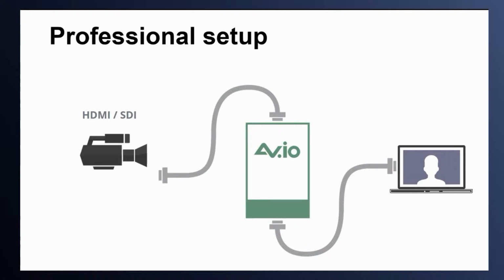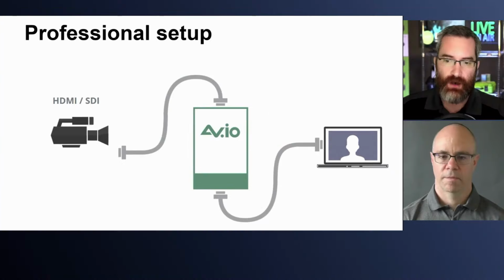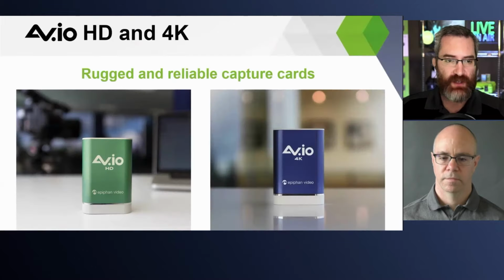Part of that has to do with the fact that laptops dominate the personal computing market in a huge way, and have for so long, that internal capture cards are not as common outside of the high-end professional space. So getting a USB capture card like our own AVIO series, you plug that into your laptop, it detects like a webcam, you drop it into the software you're using, and that's pretty much it. But you're getting that super high quality image from whatever that external camera is.